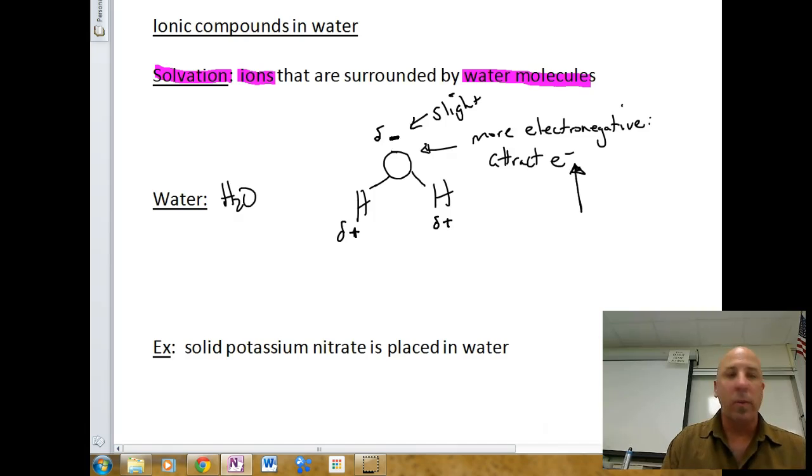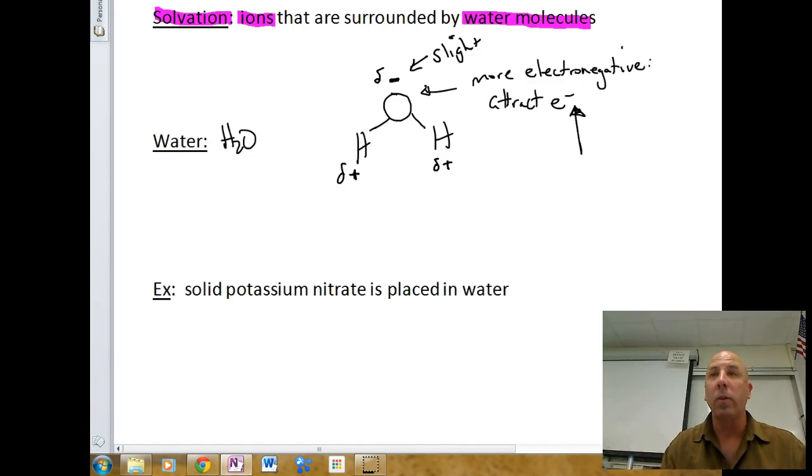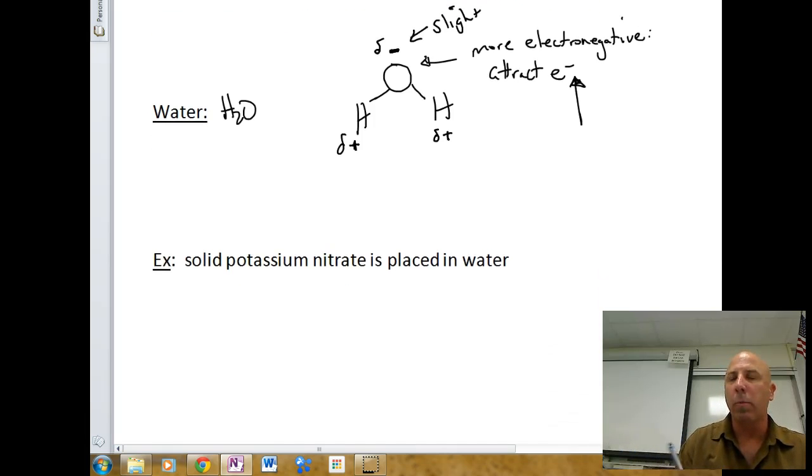Well, why do we worry about this? We worry about the orientation of how water orients itself around each of the individual ions. And let's talk about this. So for example, if I take some solid potassium nitrate and I place it in water. First thing we want to do here, and then we're going to bring the water back into it, is take a look at a balanced equation.